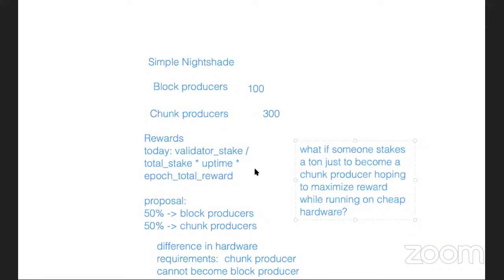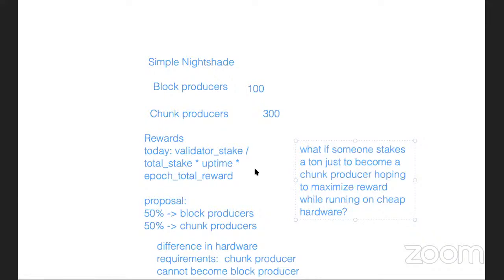To take this idea a bit further, we can say that a chunk producer cannot earn more than 50% of the reward of a shard or something like that. Their reward is capped at something like 50% of the shard, and therefore even if they stake more, they just have diminishing returns on their stake. Yeah, those are some of the ideas I had. I don't know what people think about it.